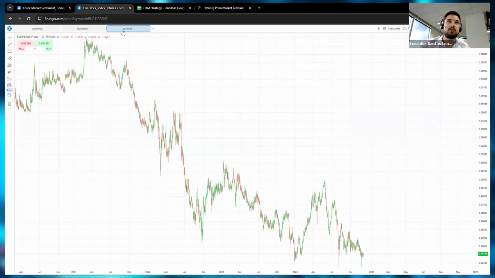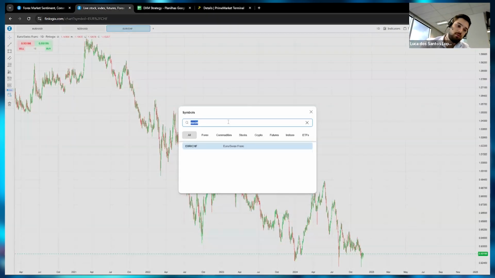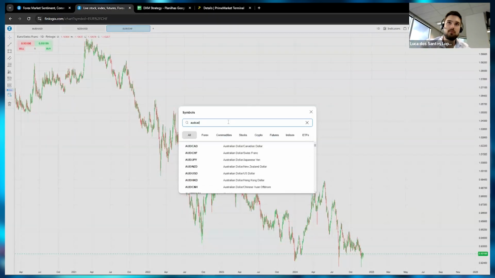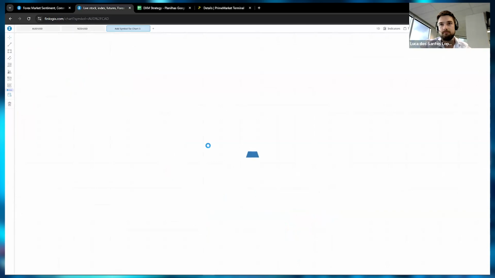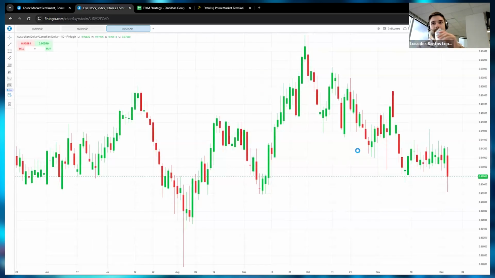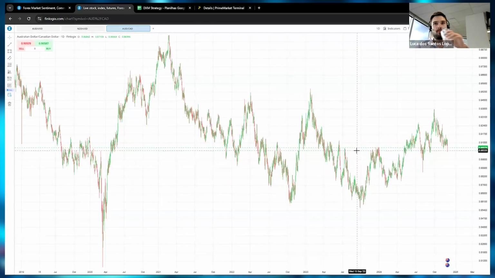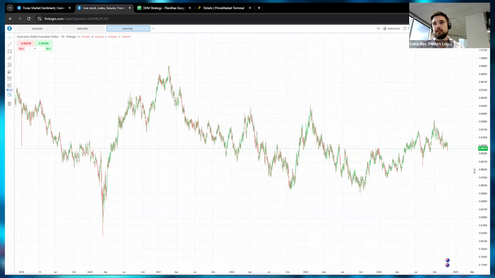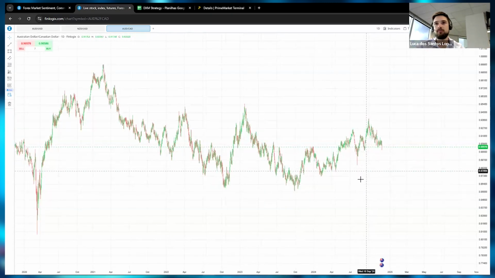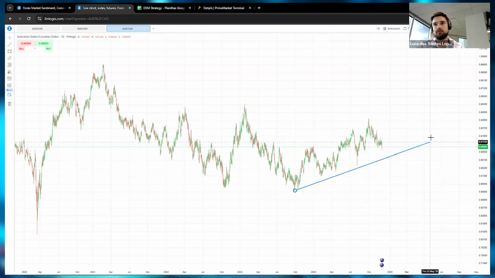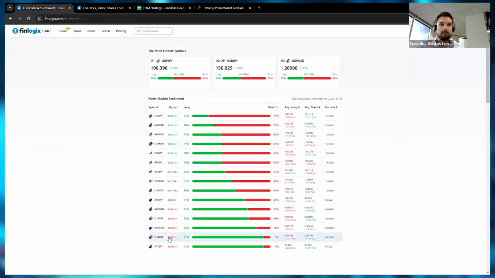AUD CAD short. That's a good option. This doesn't seem much to trade. Something like that. No, next.